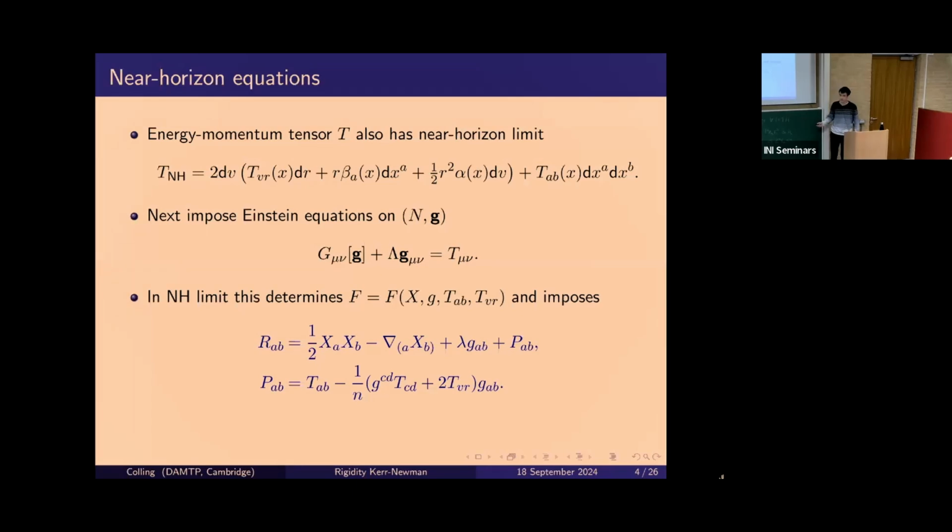And of course, there will also be some matter equations induced on M. And so this system of equations, together with the matter equations, is what I will refer to as the near horizon equations on M. And what we will do is we will now forget about the original spacetime and simply keep M and try to solve this system of equations on a compact Riemannian manifold M.